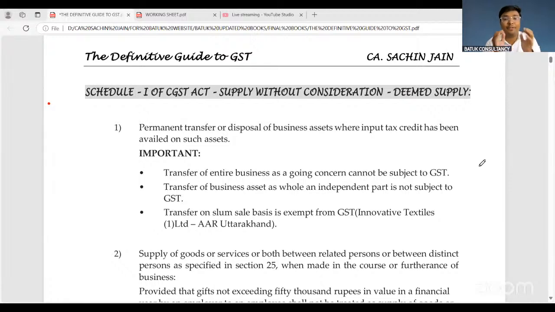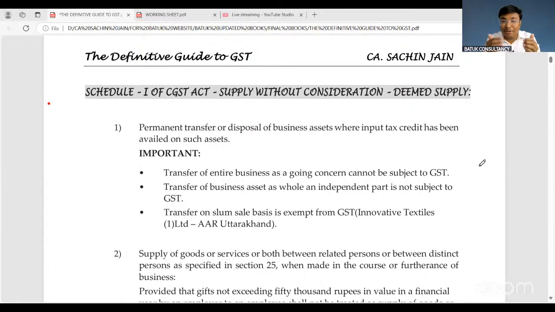In that case, we have covered transfer of business assets, disposal of business assets. Second, principal and agent. Third one is distinct person related party, and fourth point is import of services. Also, we have covered that in case there is a certain activity or transaction which is not in the course or furtherance of business but for a consideration, that is import of services.